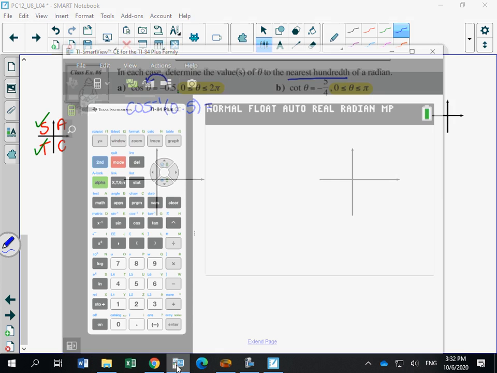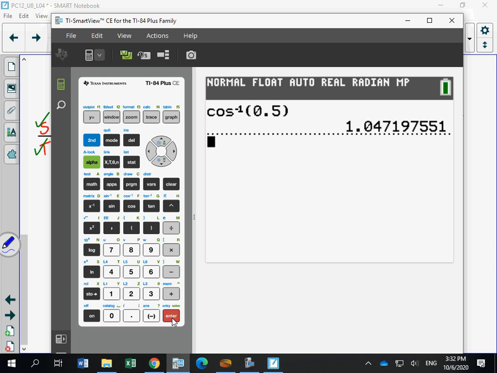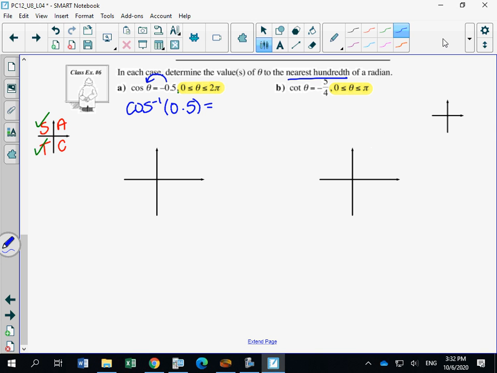On our calculators, second function cos of the absolute value of negative 0.5, which is just positive 0.5, and we get a reference angle in radians of 1.0471. So I'm going to write that down: 1.0471 dot dot dot, and remember that what we just calculated is our reference angle in radians.